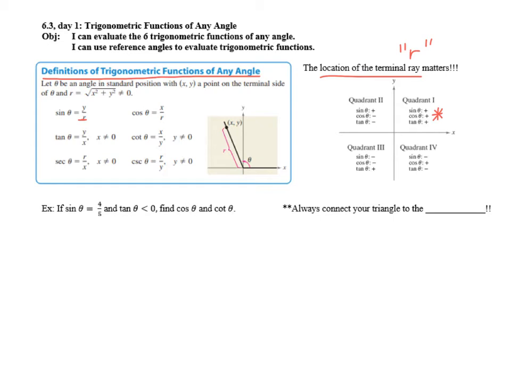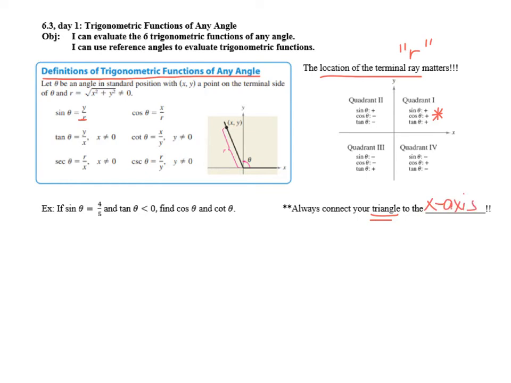And we'll do a couple of examples, and hopefully that will clarify why those values are either positive or negative in the given quadrants. A couple of things to consider. Anytime you're asked to draw a triangle, you always want to connect your r value or your hypotenuse to the x-axis.